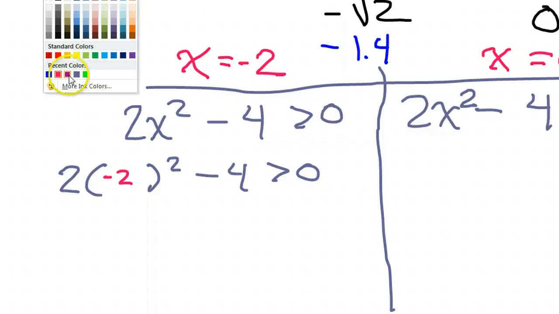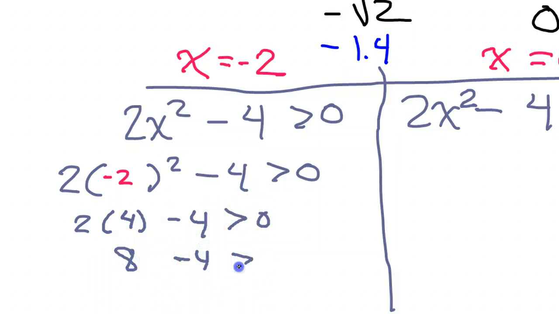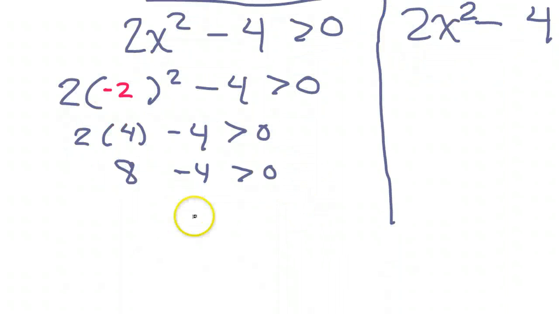So this will become 2 times 4, since negative 2 squared is 4. Minus 4 is greater than 0. That's 8 minus 4 is greater than 0. That's 4 is greater than 0. And then you ask yourself, is this true? Is 4 greater than 0?